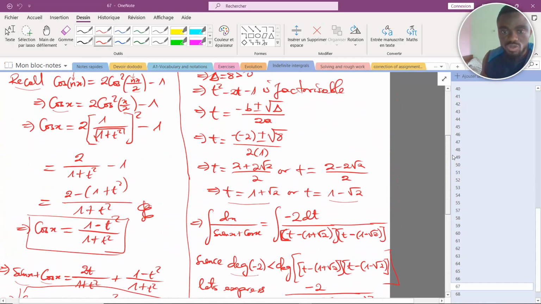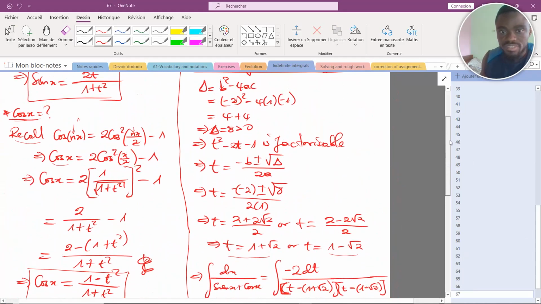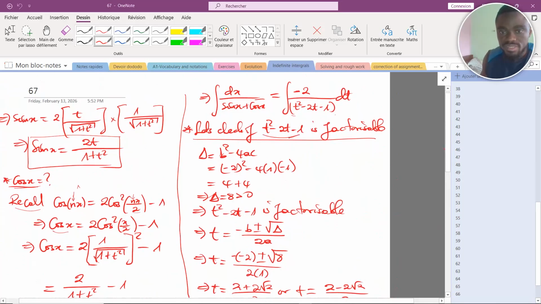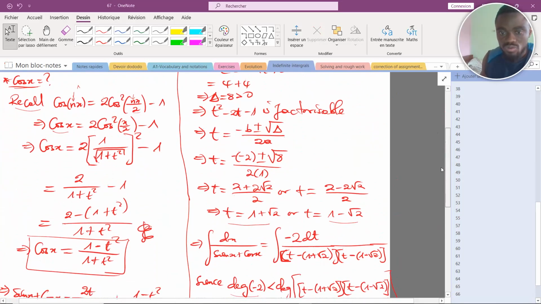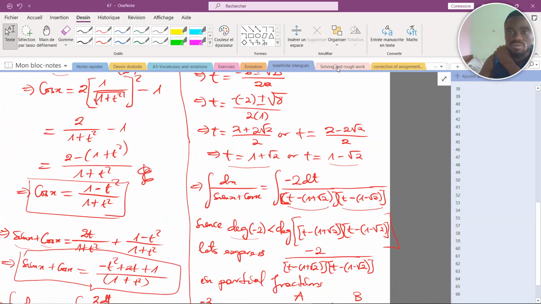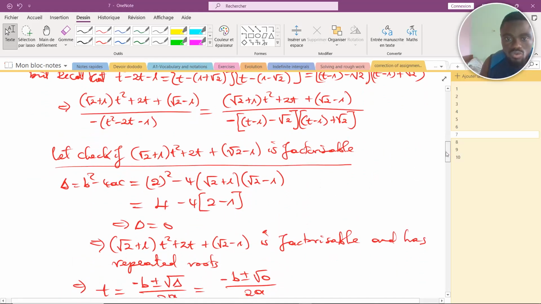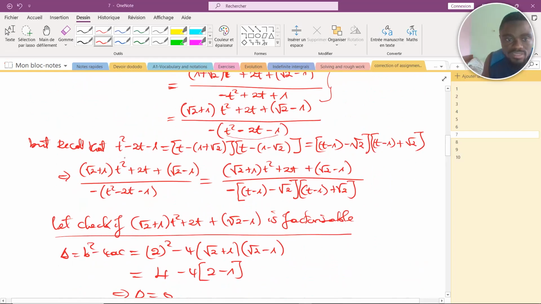We saw previously that this, where is it even? This thing was equals to what? When we factorize it, it is equals to these two products. So there is no need, I'll not waste time, I'll just recall. Is that okay? So let me go back. So I know that, recall that this is equals to this.